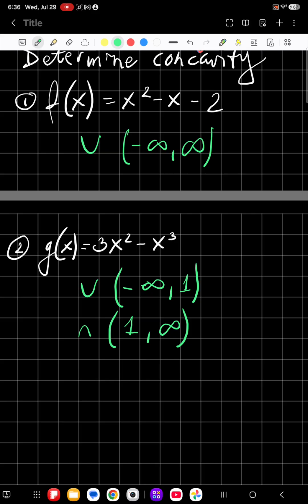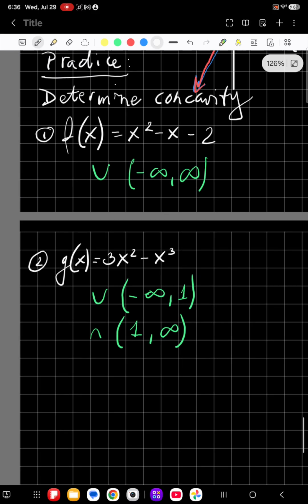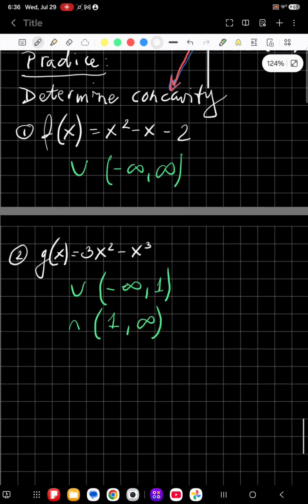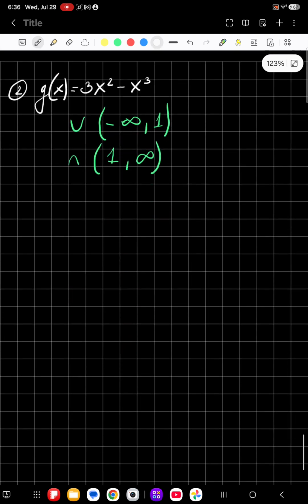Okay, and the next example is the one where the function actually changes concavity, but the point where it happens is not an inflection point. Okay, so example 5. So analyze.